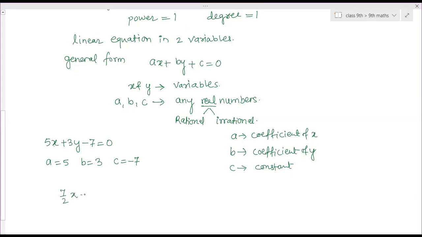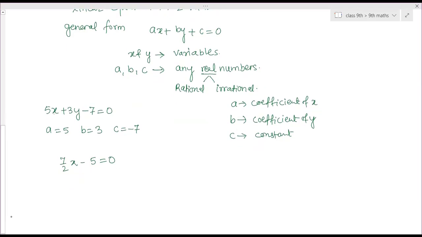Now in this case, 7 by 2x minus 5 is equal to 0. Although it doesn't have y, we still have to write it in the form ax plus by plus c is equal to 0. When we don't have the y term in the equation, we consider the b value as 0, because 0 into y is 0.